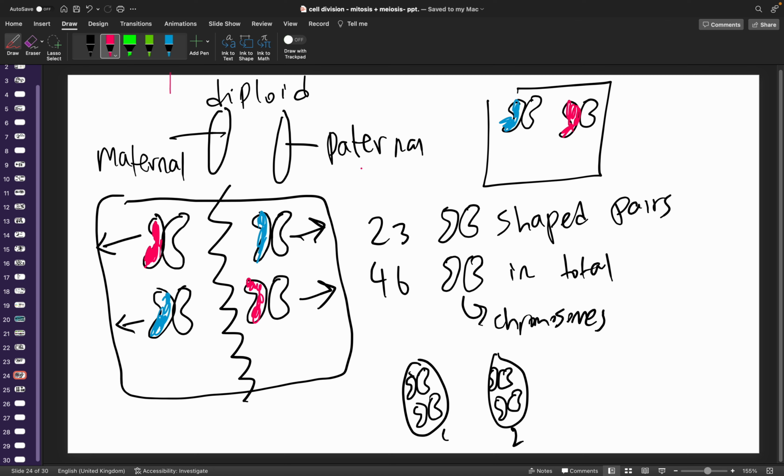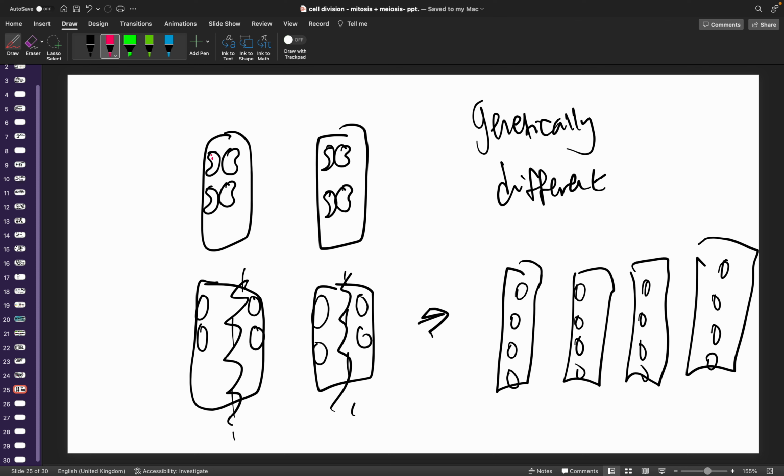The point is that this arrangement of maternal and paternal is completely random, so that it ensures that the genetics will be completely different. So if this is maternal, and this is maternal, this is maternal, it's going to all have randomly arranged different orders of chromosomes, all ensuring genetic diversity.